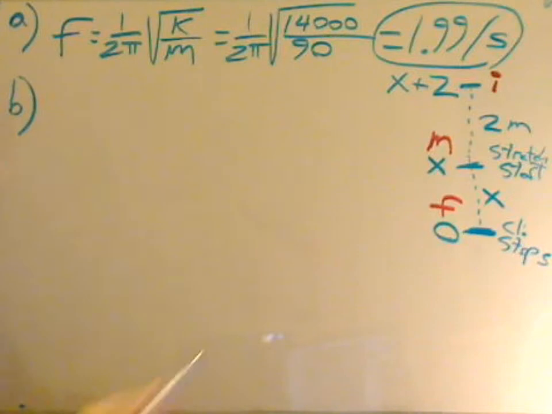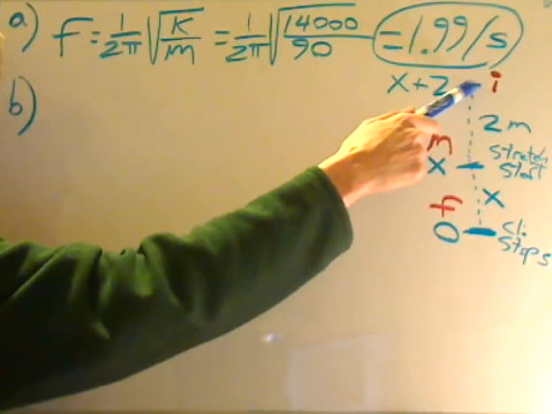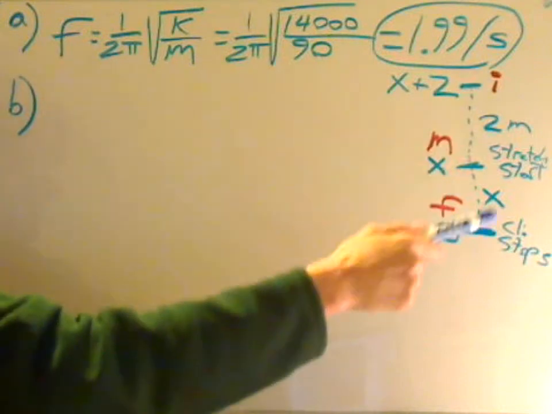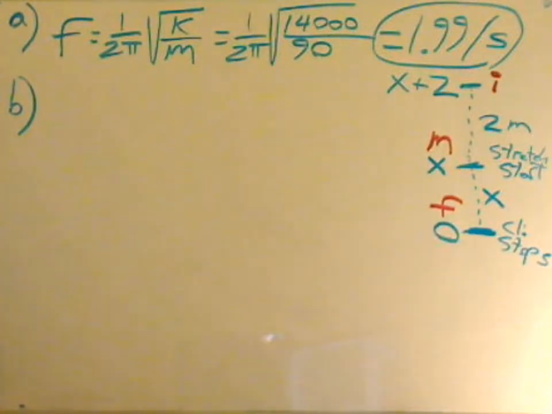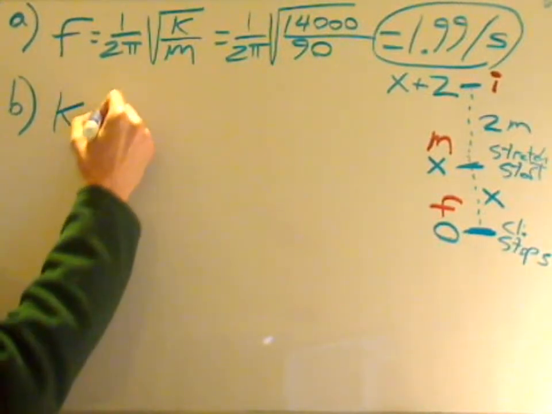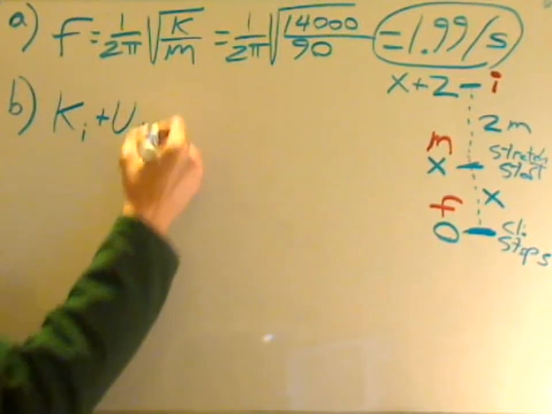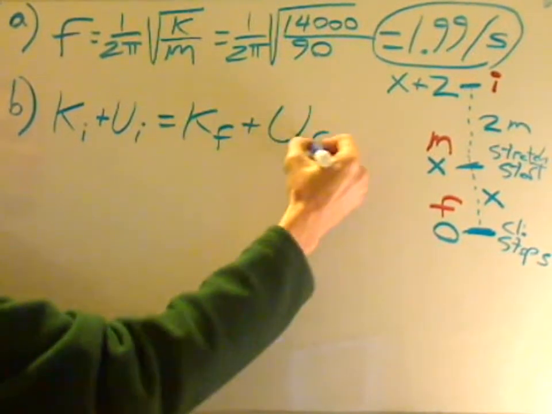Okay? So we really don't need to consider the middle situation at all. All we need to do is equate the energy here to the energy here. Okay? So the initial kinetic energy plus initial potential energy is equal to the final kinetic energy plus final potential energy.